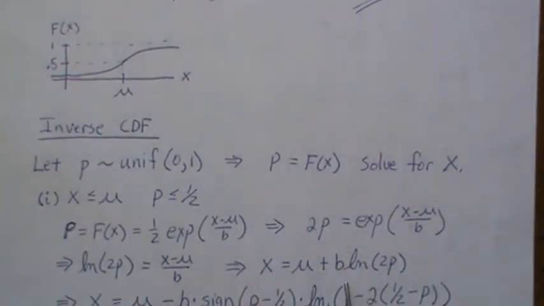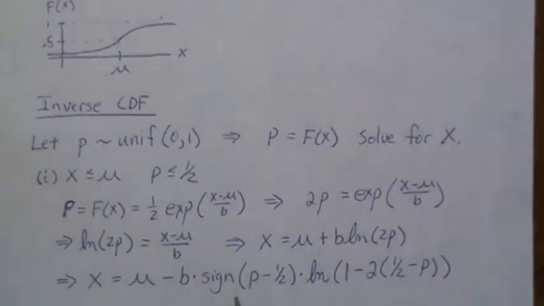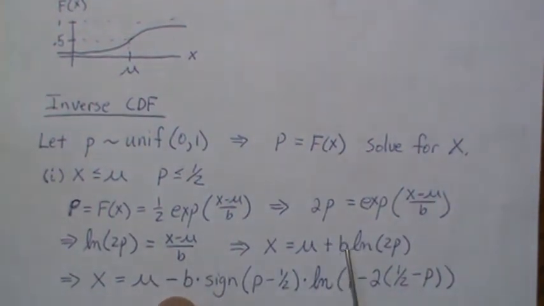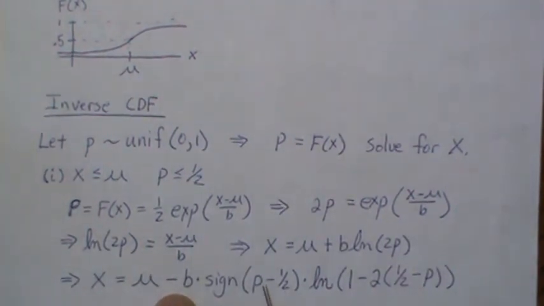Okay, now this next step is where I think part one of the creative step is. So we get this, but let's look at it piece by piece. Here's x equal mu. Now let's focus on this b first. We need a plus b, but here's minus b. Notice p minus 1/2: all the p's are less than 1/2, so this is negative, and the sign function is either -1, 0, or 1 depending upon this.